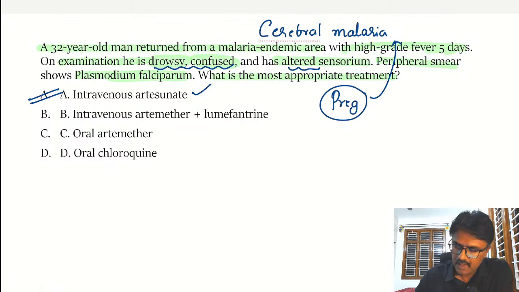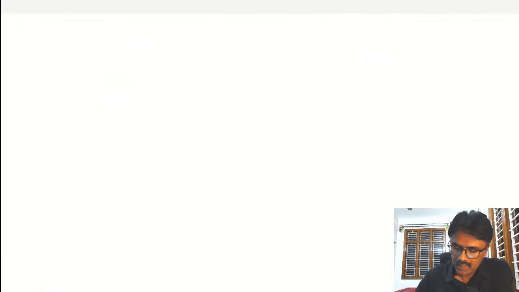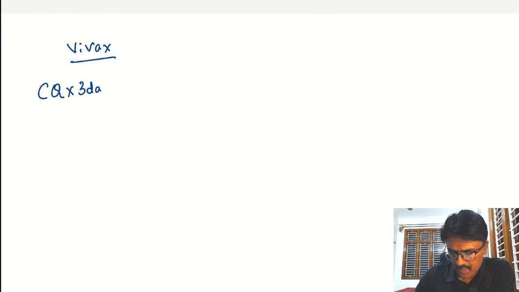Okay, but let me expand the treatment which has been asked in exams for treating Vivax. So let me write like this. How do you manage Vivax? Chloroquine is given for 3 days. Plus we add primaquine, PQ, for 14 days. 14 days given for radical cure.